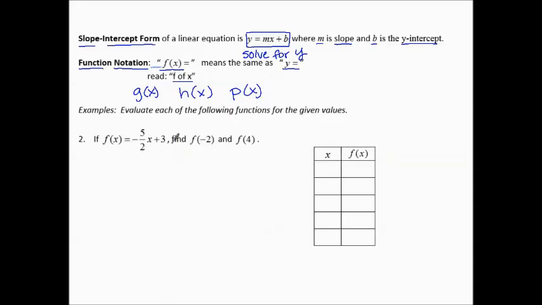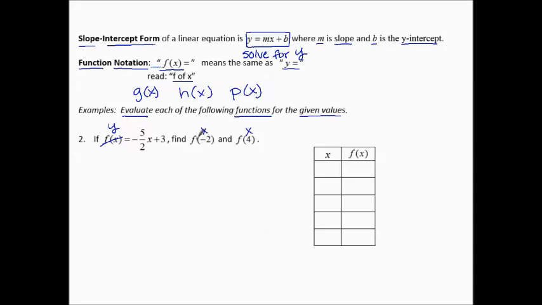So let's look back at our equation that we just saw. The directions say evaluate each of the following functions for the given values. So what if we're given specific values? When I say f of x, that means the value in parentheses is my x, and what I get out is my y. So let's take a look at this mathematically.